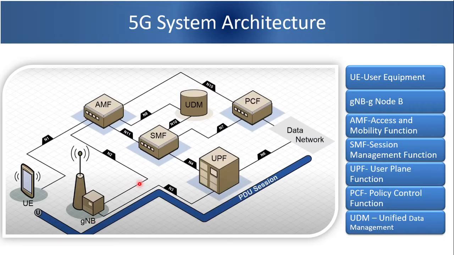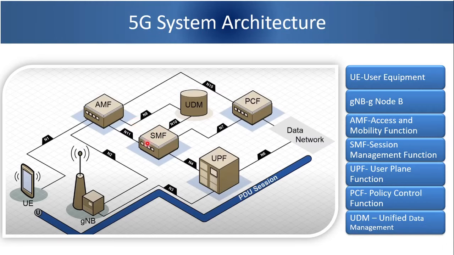Now the next element is your AMF, access and mobility function. It is equivalent to MME in 4G, mobility management entity in 4G. In fact, some part of that. And then this one is SMF, session management function. In 4G, MME itself used to do session management.